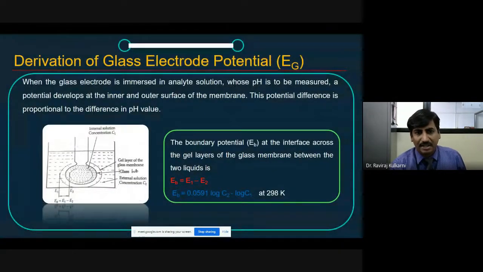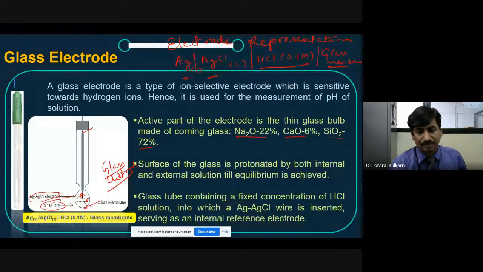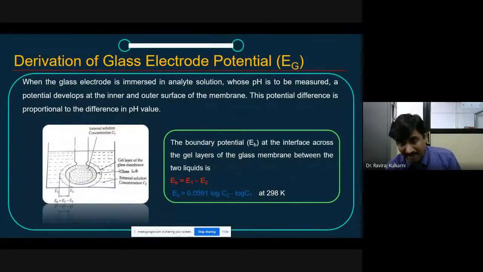If you dip this glass electrode in a solution, usually the glass electrode is used for determining the pH of a solution. So you are dipping it in another solution whose pH has to be determined.